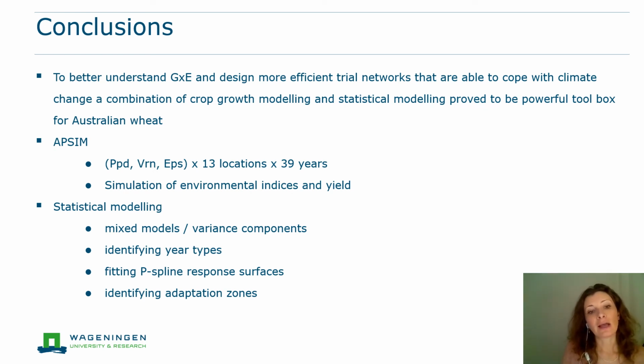The high-resolution predictions that we obtained from these p-splines allow us to classify locations into adaptation zones, because we looked at the ranking of genotypes for each combination of latitude and longitude, and that allowed us to identify groups of locations that consistently induce particular responses on the genotypes.